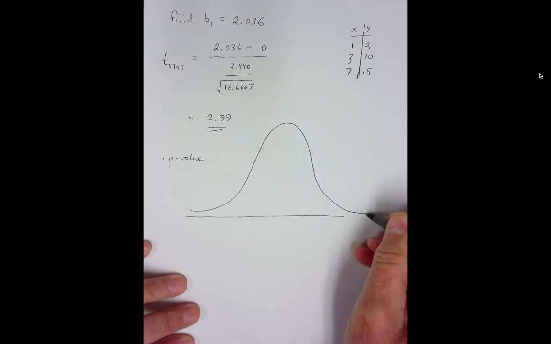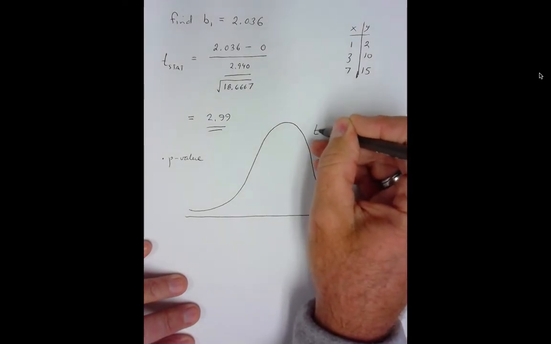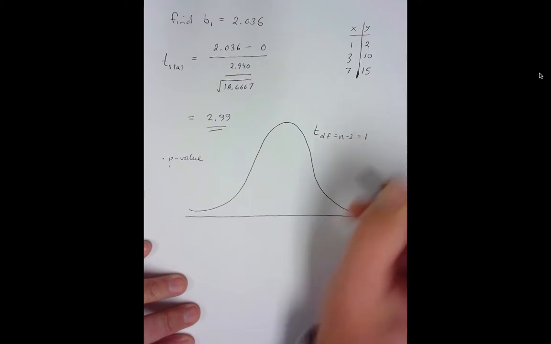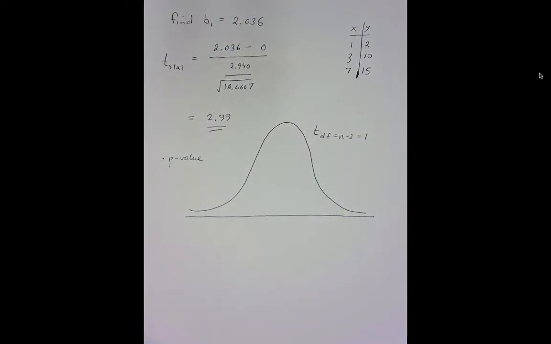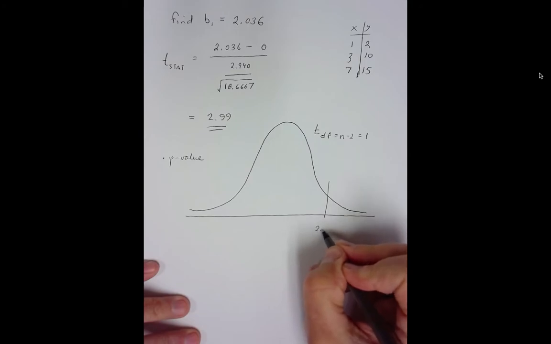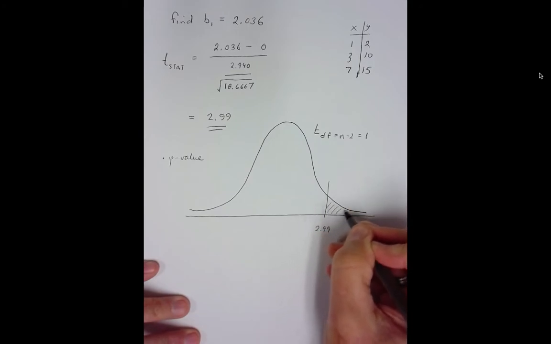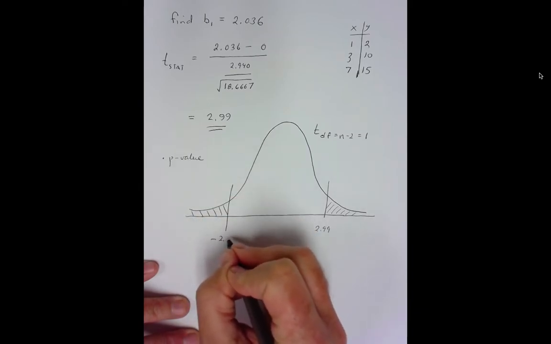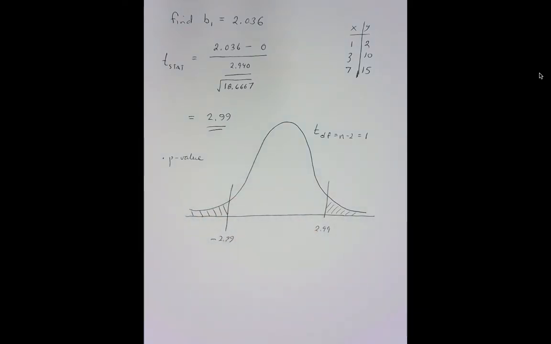To calculate our p-value, we're dealing with the t-distribution. Degrees of freedom equal n minus 2, so we have a t-distribution with 1 degree of freedom. And we need to find the area to the right of 2.99 and to the left of negative 2.99.